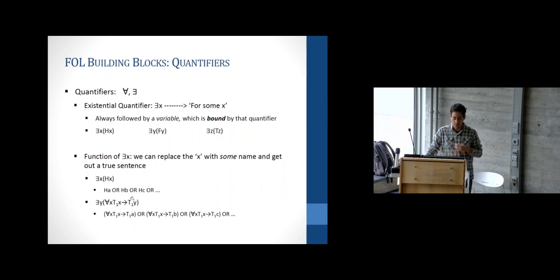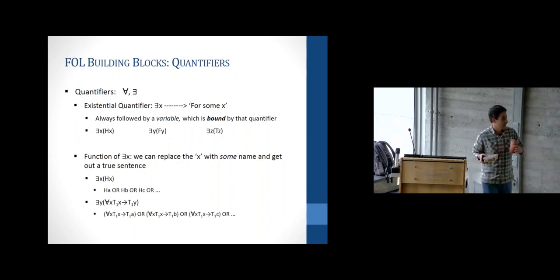And likewise, if the sentence is more complicated, if the exists y is here and it binds this variable here, then I can replace this variable with different names and say one of these things has this property.